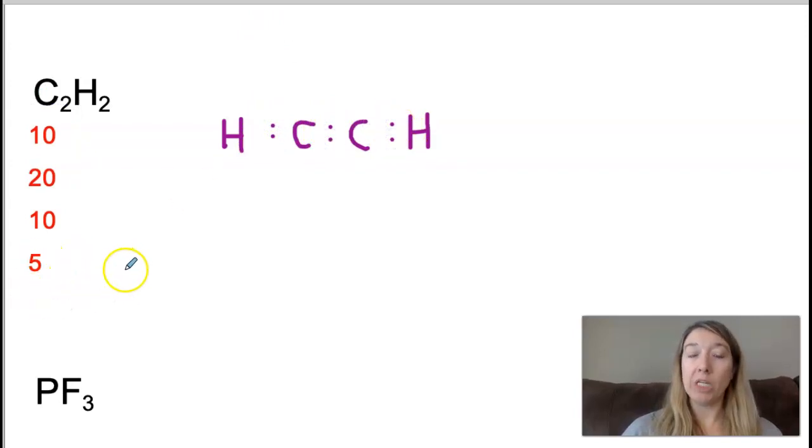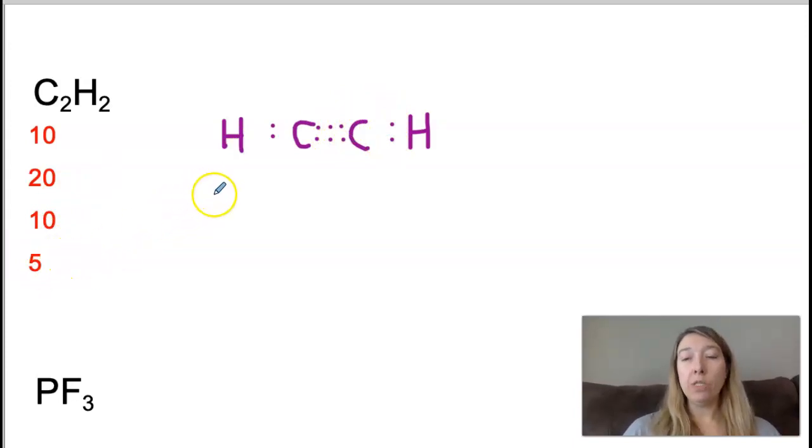We need 5, so we need 2 more. I can't put it between the carbon and the hydrogen because hydrogen's full valence is 2 and it already has that. And I can't put it here either because I also have a hydrogen, so it's already full. So I'm going to have to put a triple bond here so that I have 1, 2, 3, 4, and 5 bonds, which is what my math told me I needed.